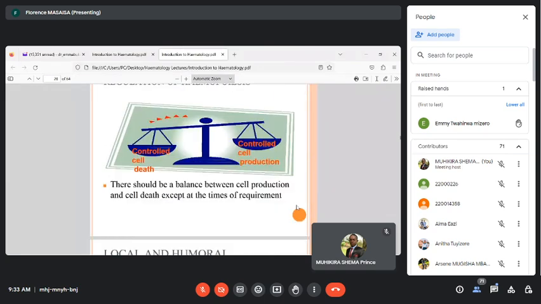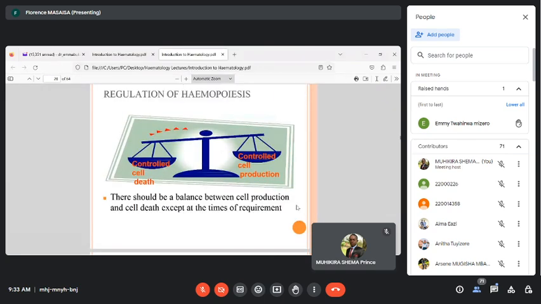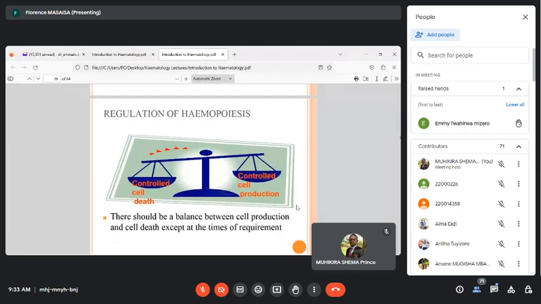As we say, we have to have a balance between cell production and cell death. That keeps the individual stable if the two mechanisms are well controlled and regulated.